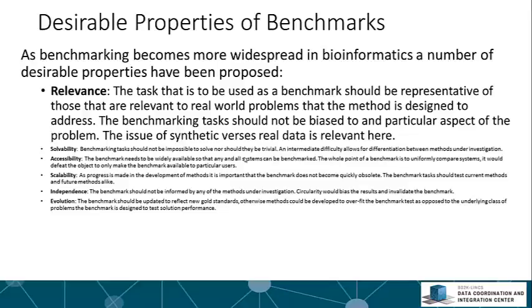It's important that the benchmark test should address real-world problems. The issue of synthetic data versus real data is relevant here. Benchmark tests that are based on real biological data are preferable to synthetic data, as they are closer to the real-world problems at hand.